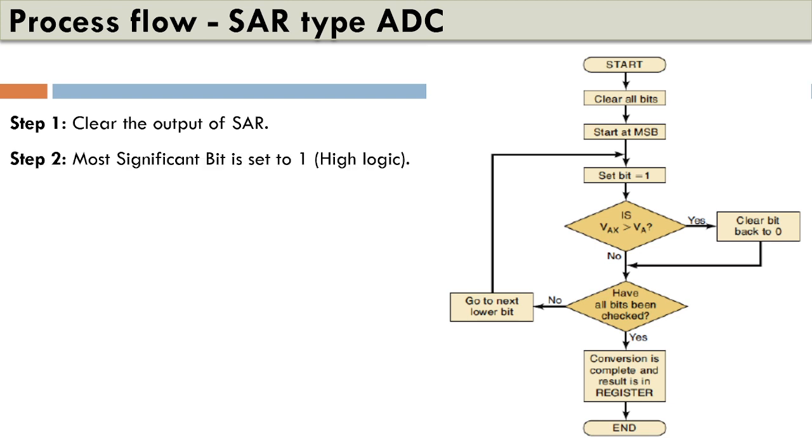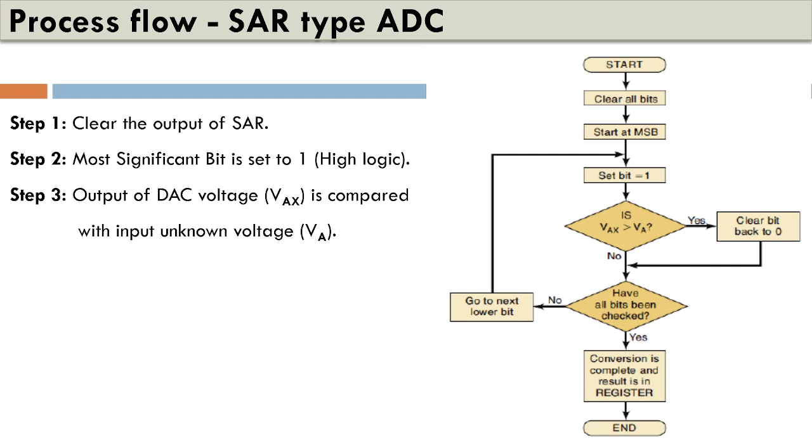So when the start is initiated, the most significant bit of the successive approximation register is set to high. Now, the output of the DAC, which actually is taking the input from the successive approximation register, the output, that is the VAX, is continuously compared with the unknown voltage VA.